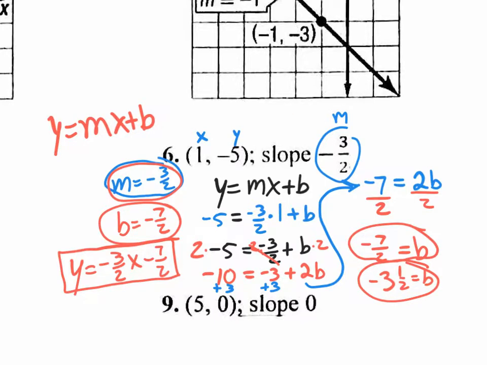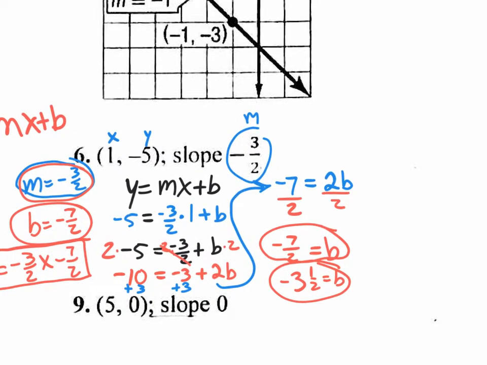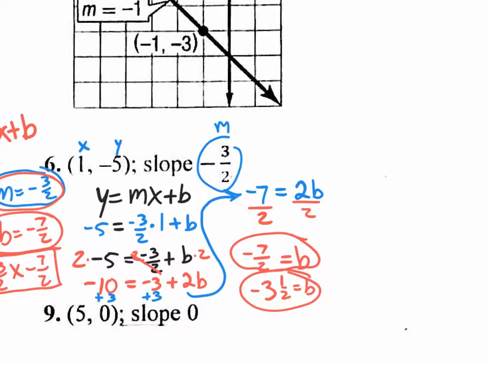And you already know point-slope form. What are they giving us? They're giving us a point and they're giving us a slope. So if you know point-slope form, you could just jump right into point-slope form and write the equation of number 6. Let me show you. First of all, point-slope form, we're going to have to memorize it.